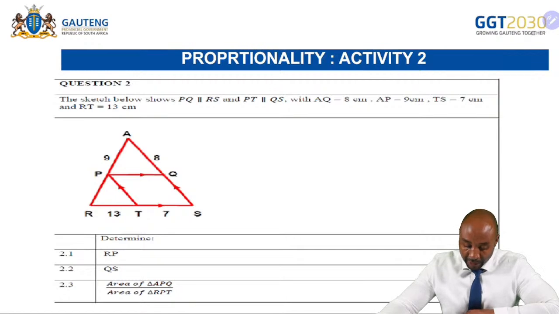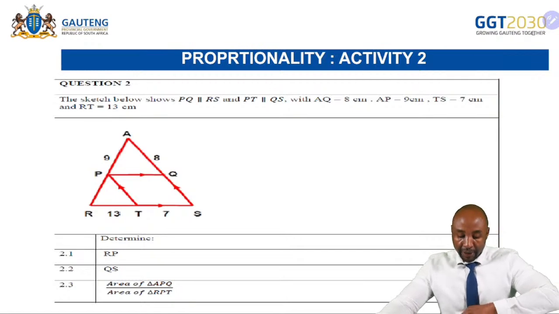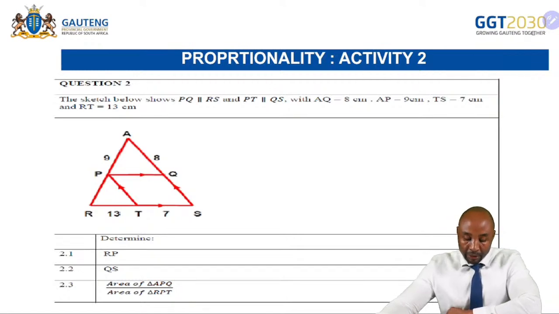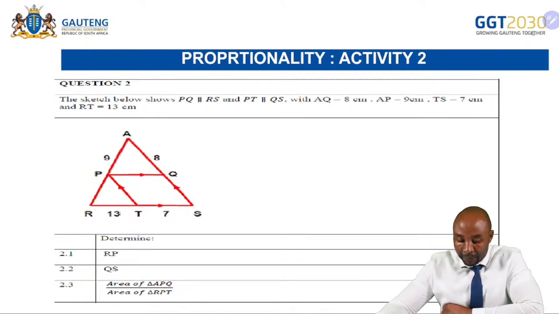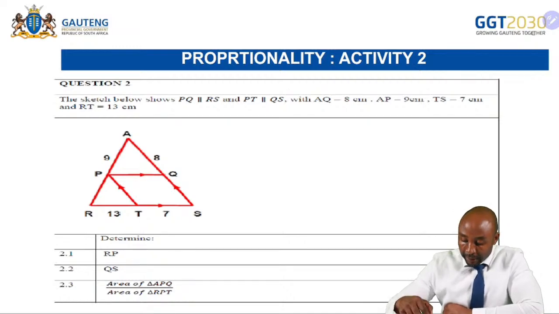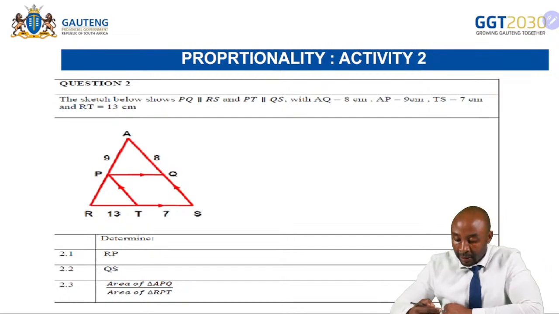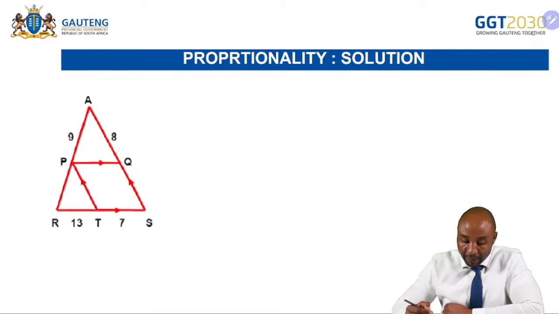You need to find RP first, then you find QS, and then you should determine the area of triangle APQ over the area of triangle RPT. Now, I hope you have managed to copy the question because time is no longer on our side. We shall move on to the next part of our lesson.